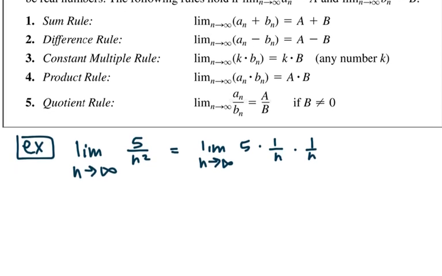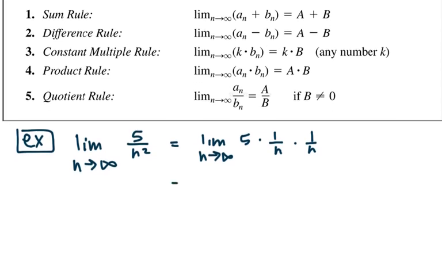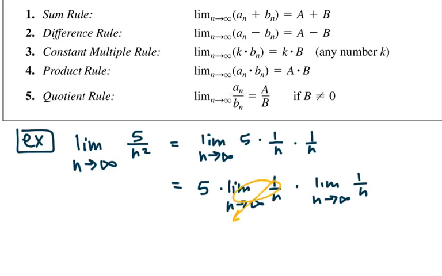I've separated these sequences. The constant multiple can come in front, and the limit of a product is the product of those limits. So I can say 5 times the limit as n goes to infinity of 1 over n, times the limit as n goes to infinity of 1 over n. We know that this goes to 0 and this one goes to 0, so we end up with 5 times 0 times 0, which equals 0.